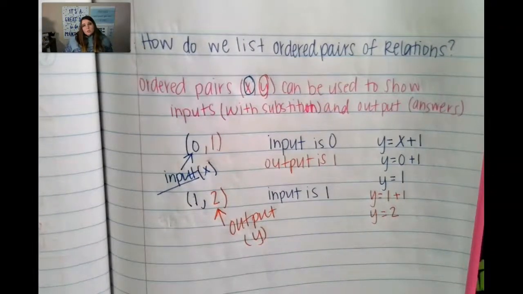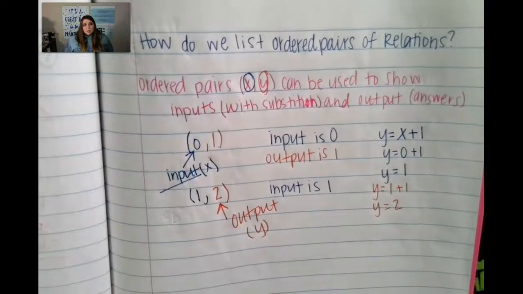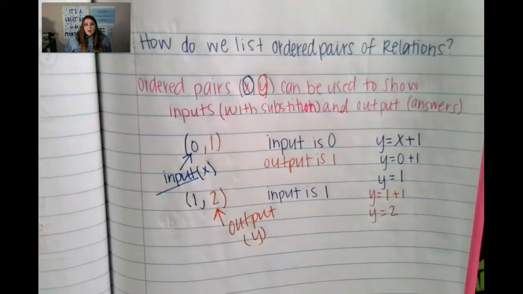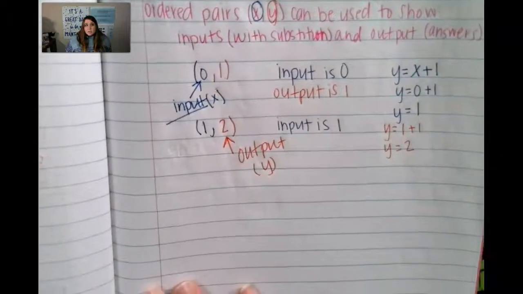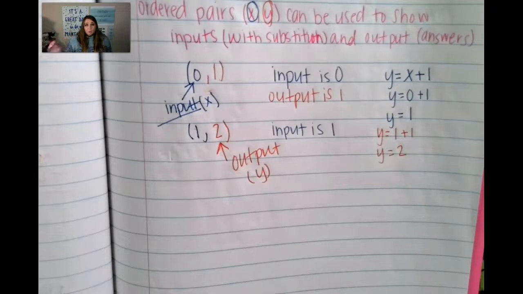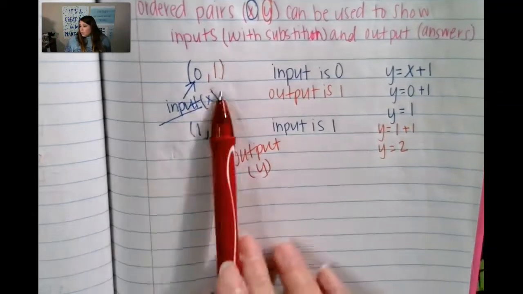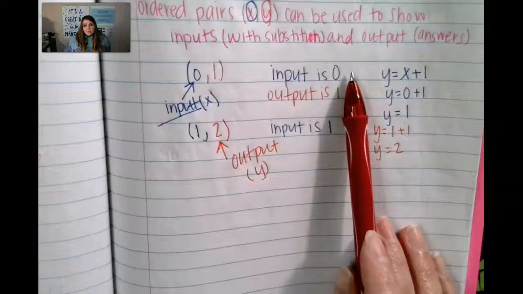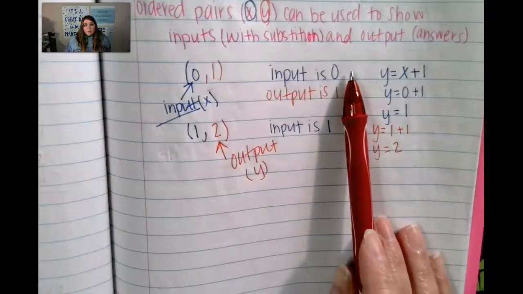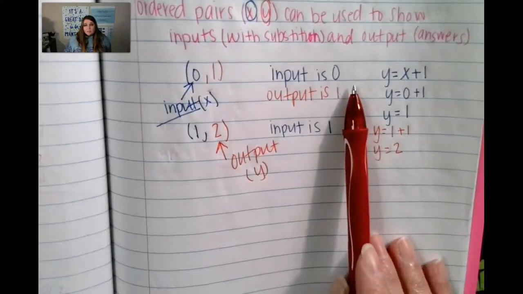So we can use ordered pairs to find a relation. A relation is just pairing up or putting together what the input and the output is. So if I tell you that x equals 0, you're going to find out what its match is.